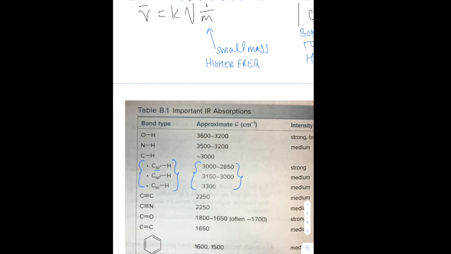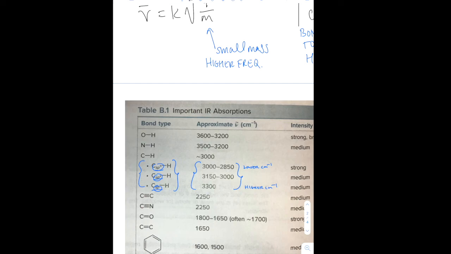As you can see, we have the C-sp3, sp2, and sp C-Hs, and although the ranges overlap a little bit, you can clearly see that this is lower wave numbers and this is the higher wave numbers, right? This is because of the difference in s character.